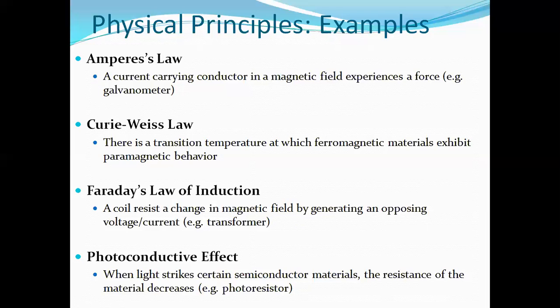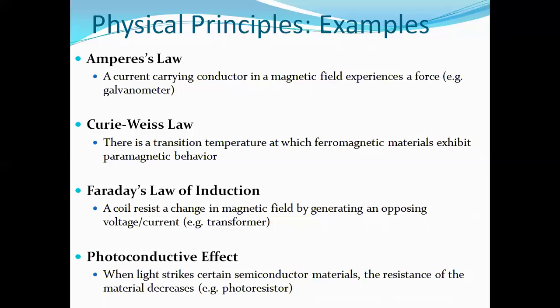So this is the paramagnetic behavior. Moving on to Faraday's laws, the coil resists a change in magnetic field by generating an opposing voltage or current. An example is the transformer.